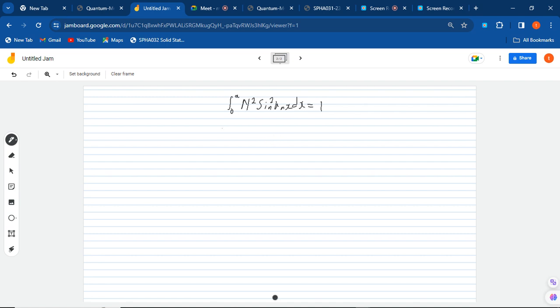So in this case, we are going to have n squared integral from 0 to a of sine squared k n x dx.